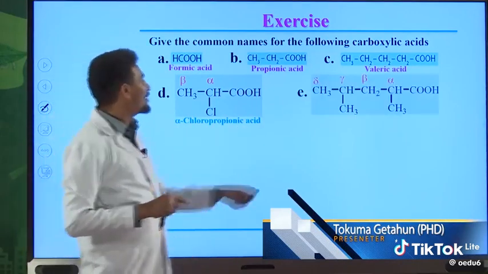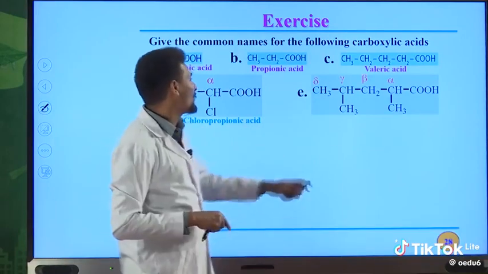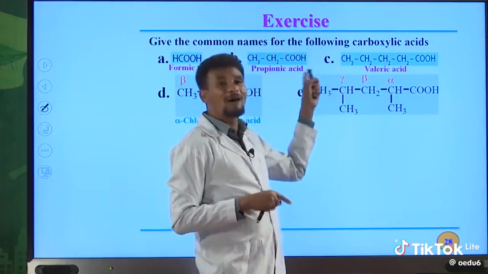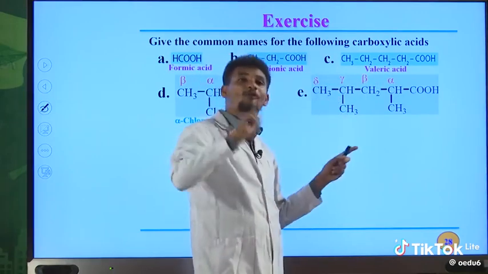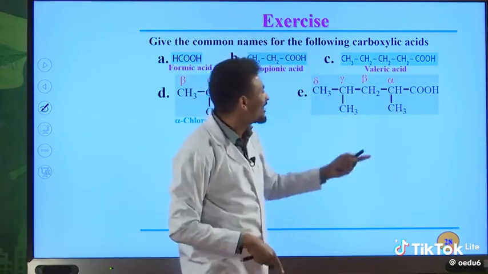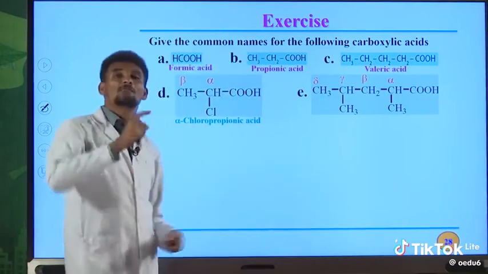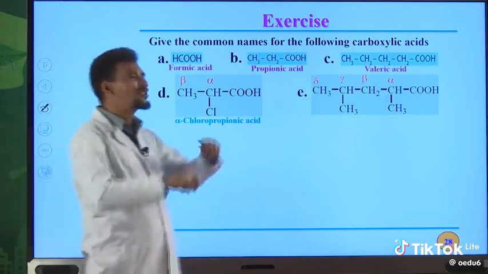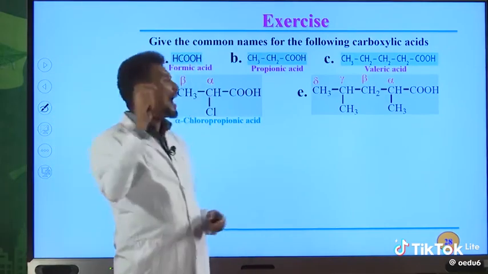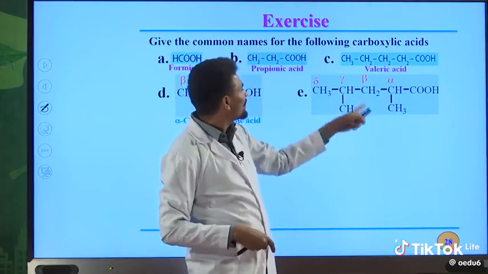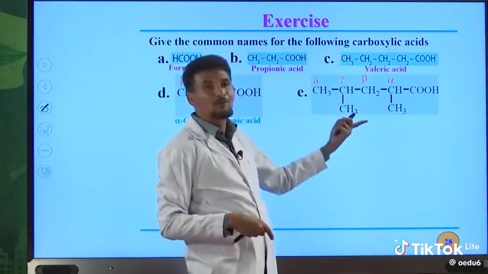Another example. Look at this organic compound. We have a methyl group on alpha position. Alpha, beta, gamma, delta. This is only for the common naming system for carboxylic acids. But in the IUPAC naming system, you must indicate the position of the substituents or side chains by using Arabic numerals. So we have a methyl group on alpha position and another methyl group on gamma position.